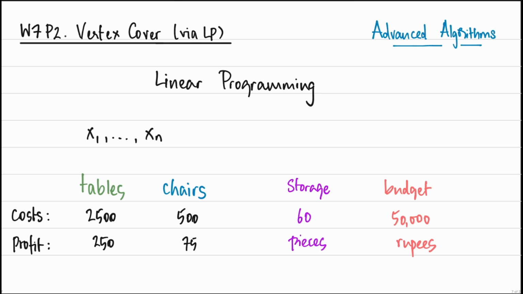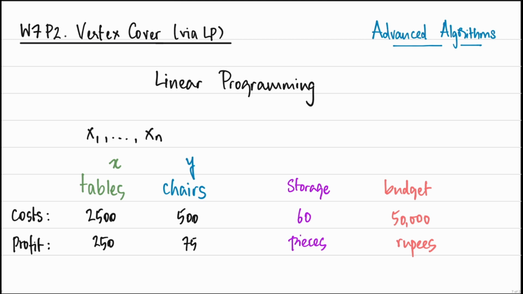One way of going about this is to actually write it up as a bunch of equations. There are two variables at play here. What we don't know is how many tables we should buy and how many chairs we should buy. So let's use two variables to denote these two unknowns. Let's say the number of tables we want to buy is X, and the number of chairs we want to buy is Y. In terms of what we want to optimize for, that's going to be the profit.